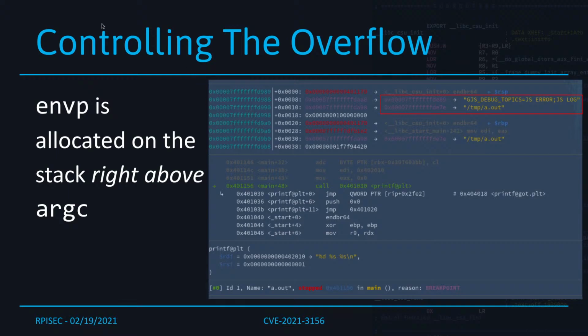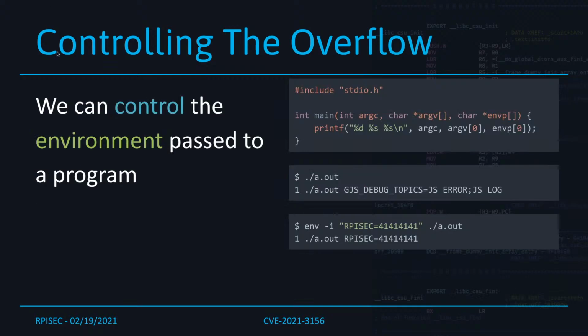And so this is a really powerful bug, because it turns out this is very easy to control the data which is on the stack after that null byte. The way that the stack is set up, your environment variables, your env there, is actually allocated right above that command line argument, that argv. And so I just threw together a quick C program here to demonstrate that concept.